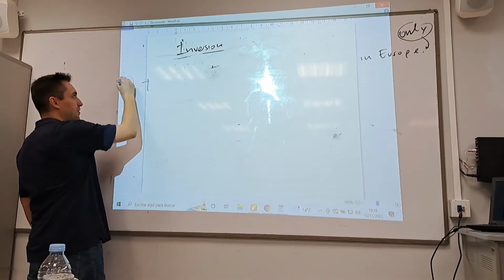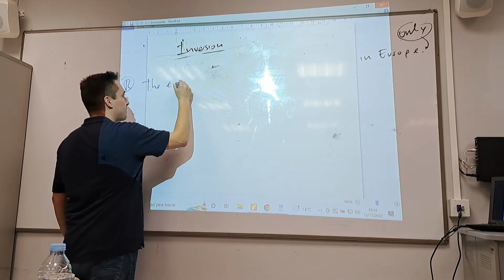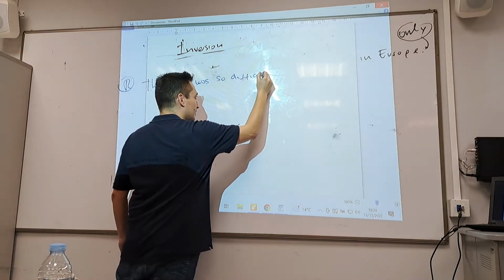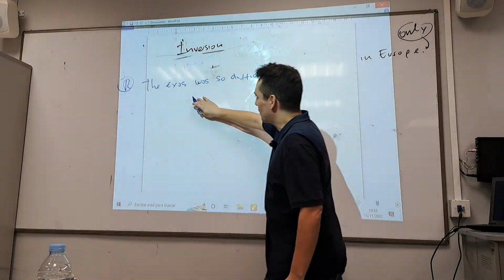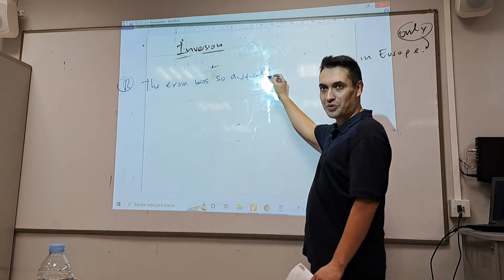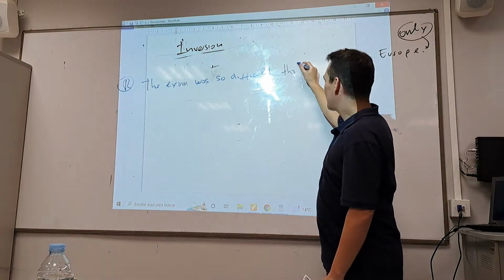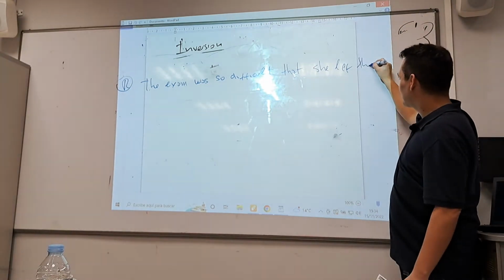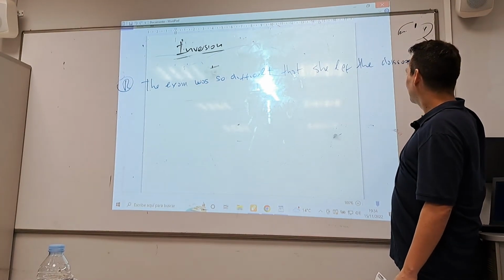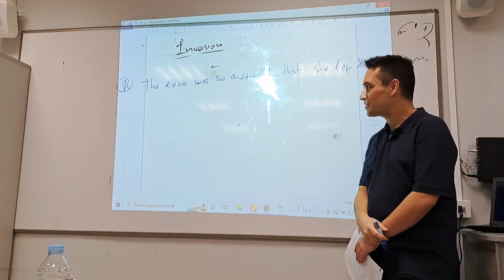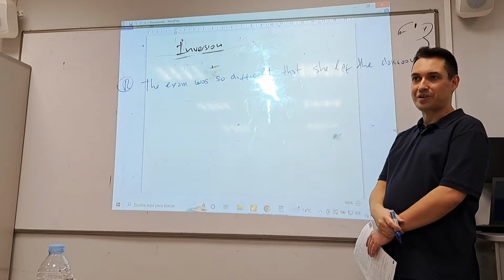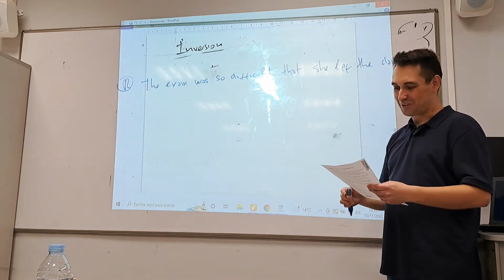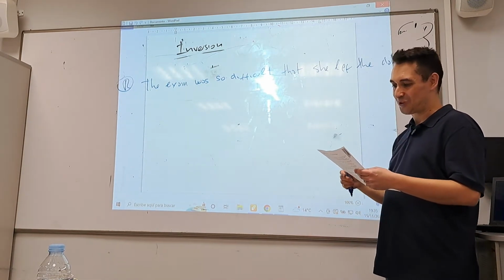This is a regular sentence: The exam was so difficult that she left the classroom. Is this inverted or not inverted? This is not inverted. This is normal word order.